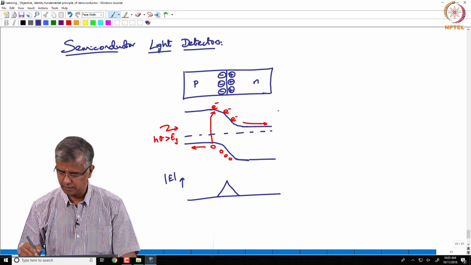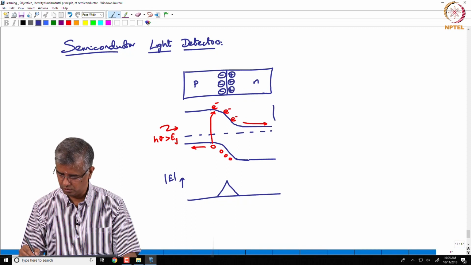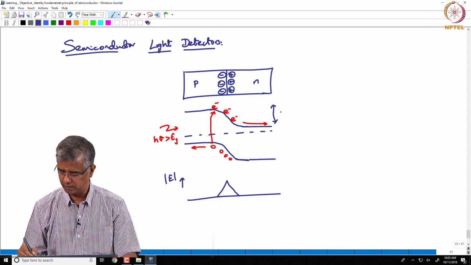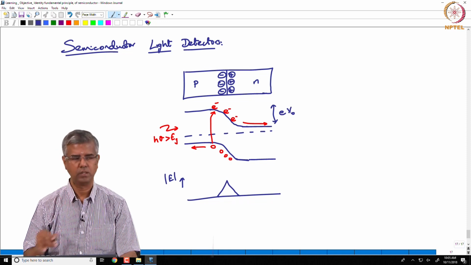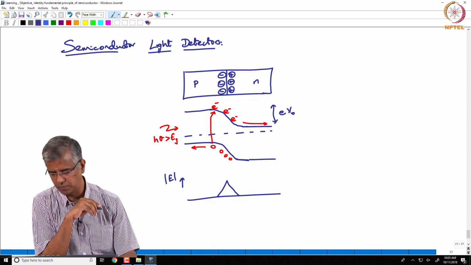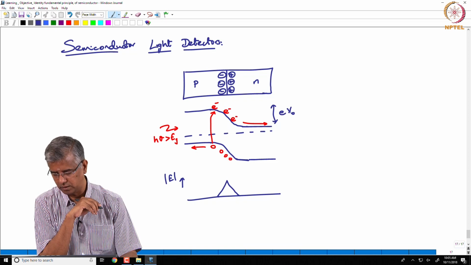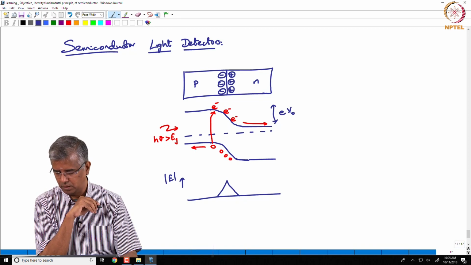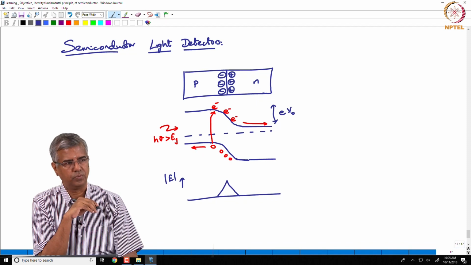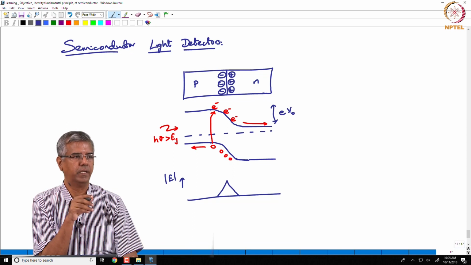And that electric field also is represented over here as E times V naught, right. That's basically a barrier that's built in there, which prevents just diffusion of electron hole pairs without any external illumination, right.